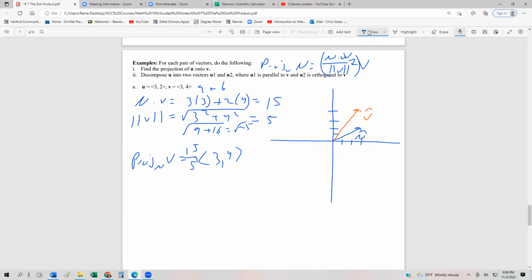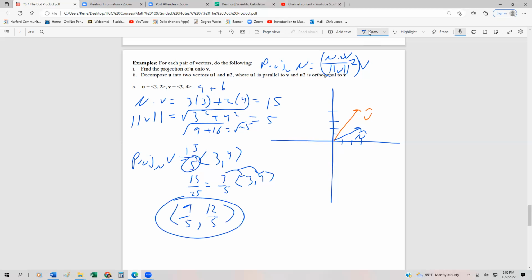Now we know that 15 over 5 squared is 15 over 25, which ends up being 3/5. So we have 3/5 of 3 comma 4, and if we distribute that 3/5 through, that's 9/5 comma 12/5. That's our projection.